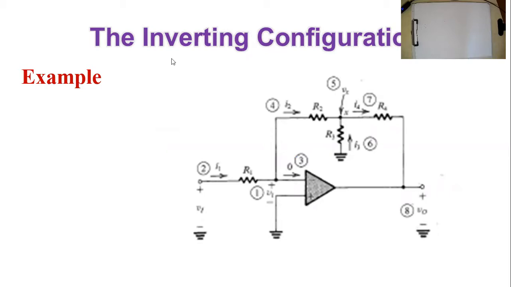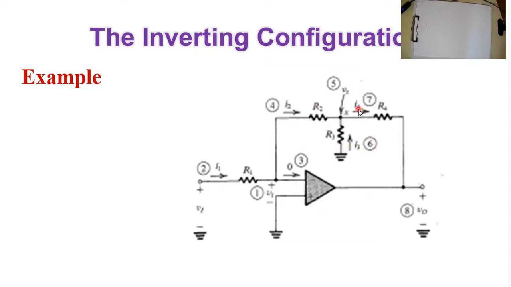We still call this, my dear students, an inverting configuration, because again you have a feedback branch from the output terminal to the inverting input terminal. The only difference now is that you have 3 resistances in this branch instead of 1.